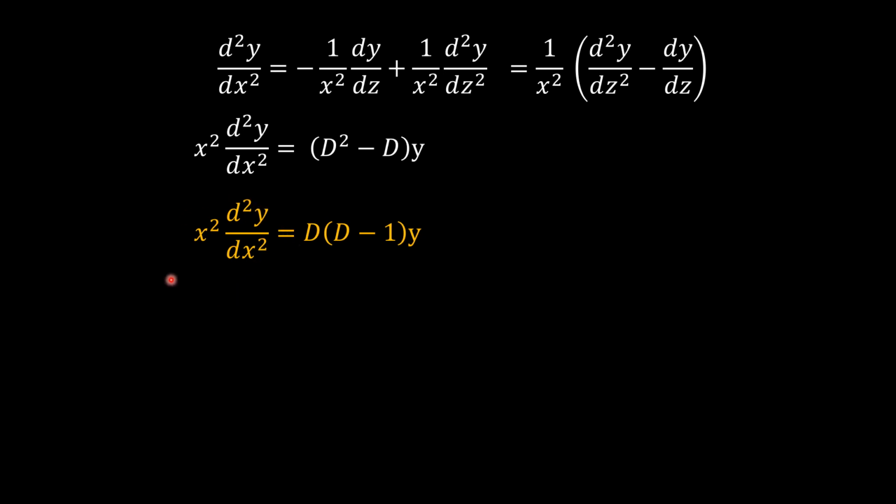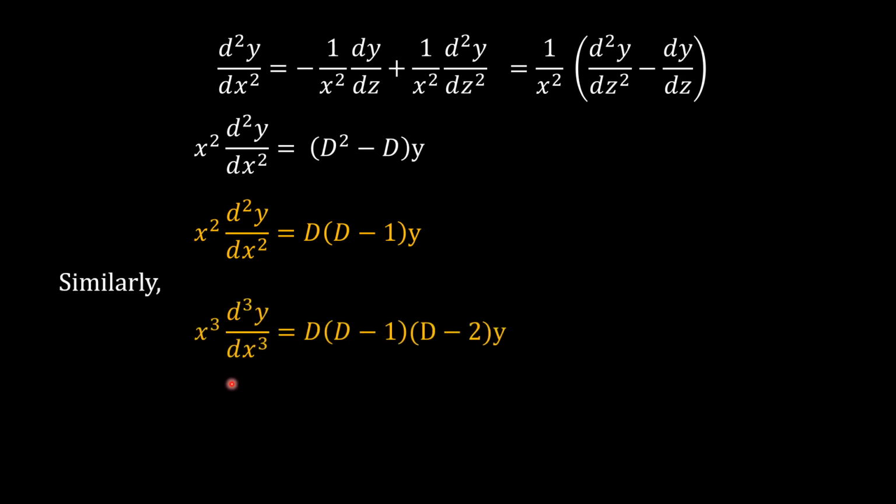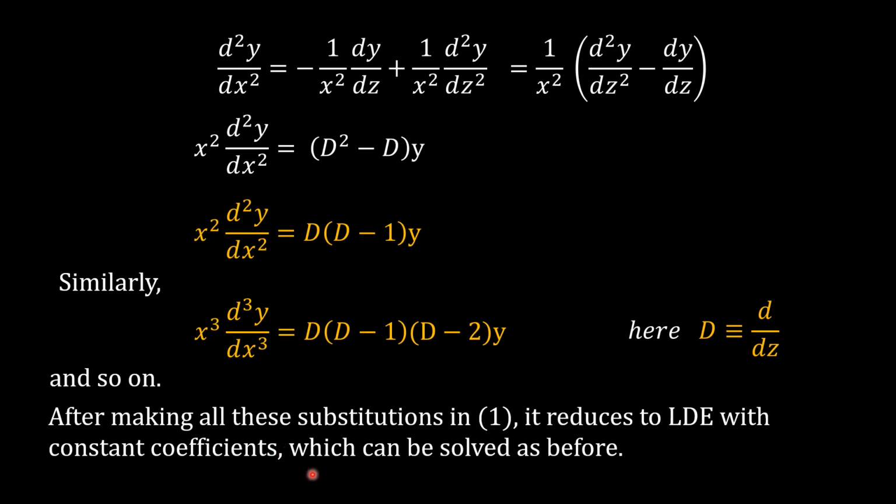In the same way, comparing with the previous two terms, we can write the third order derivative term as x³ d³y/dx³ equal to D(D minus 1)(D minus 2) of y. In this way we can obtain all the derivative terms. When we make all these substitutions in the given differential equation 1, it reduces to a linear differential equation with constant coefficients, which can be solved as before.